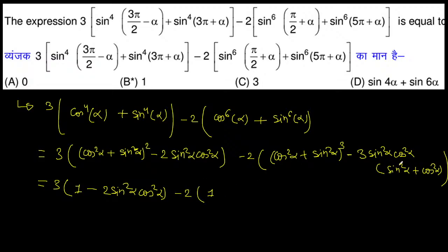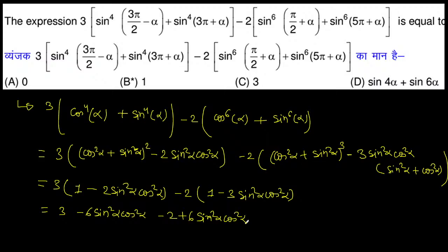We have 1. This is 1. We have minus 3 sine square alpha cos square alpha. This is 3 minus 6 sine square alpha cos square alpha minus 2 plus 6 sine square alpha cos square alpha. This and this are going to get cancelled. 3 minus 2 is 1.